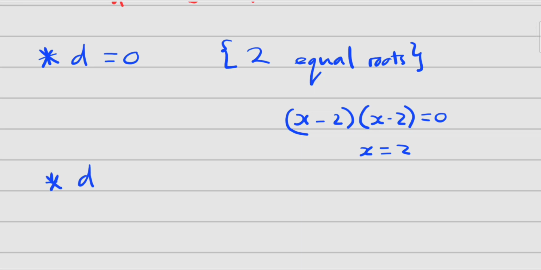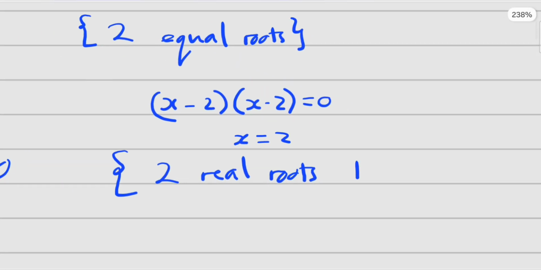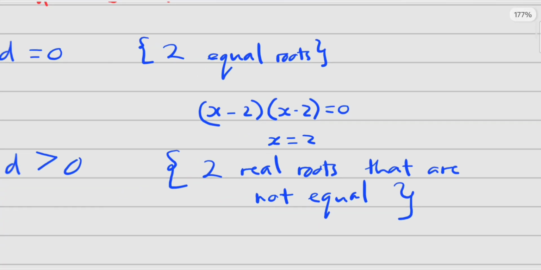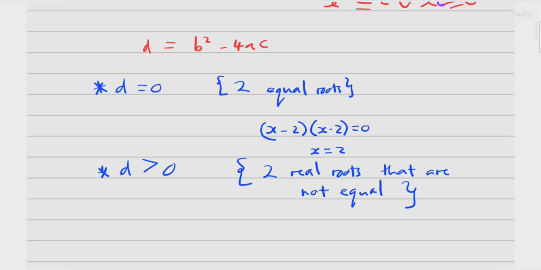And if our discriminant is greater than 0, it means we have two real roots that are not equal, right?